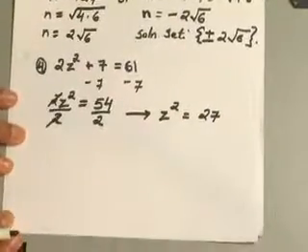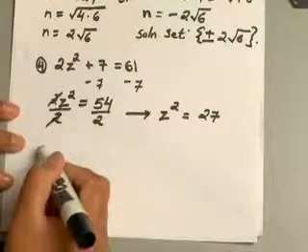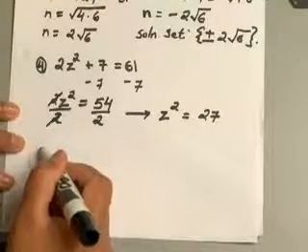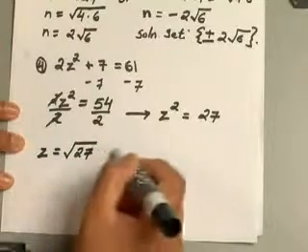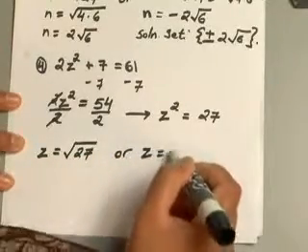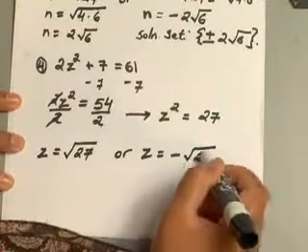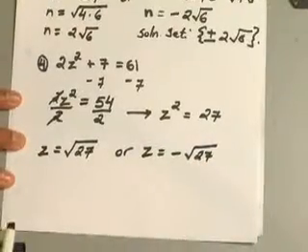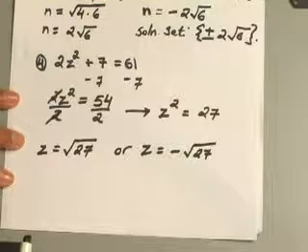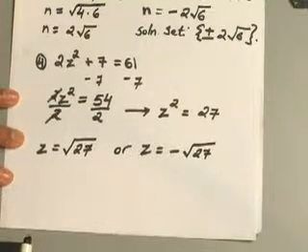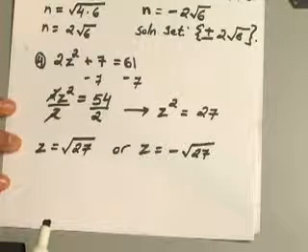All right, now we're ready to apply our square root property, which will give us z equals positive square root of 27, or z equals negative square root of 27. Again, 27 not being a perfect square, we need to try and simplify this expression here.